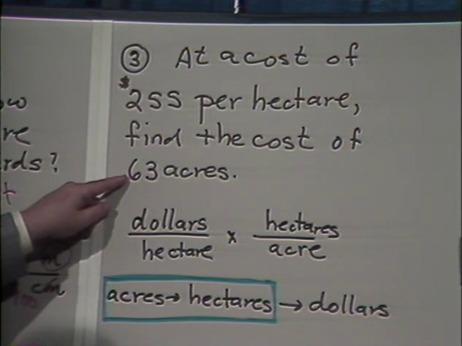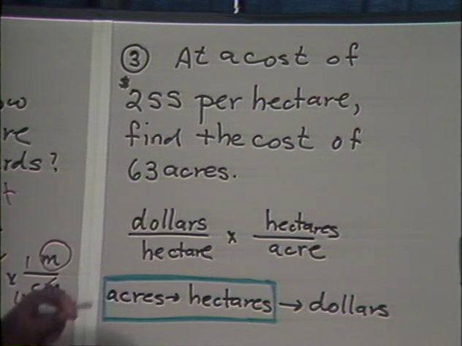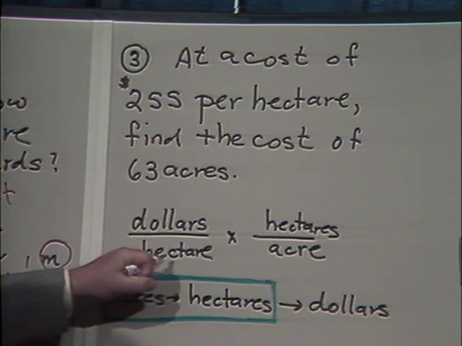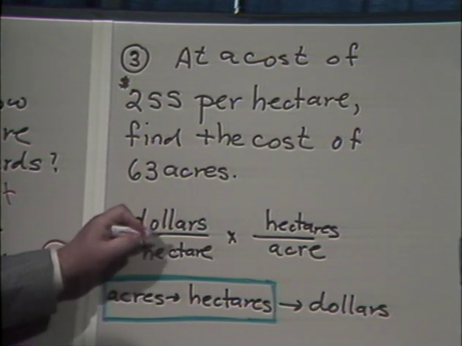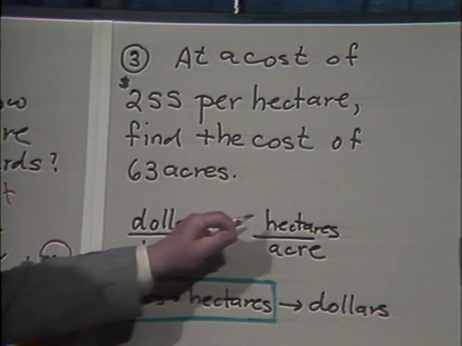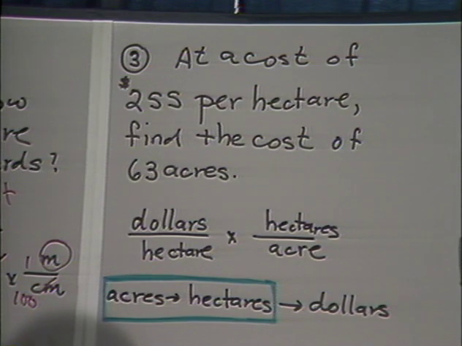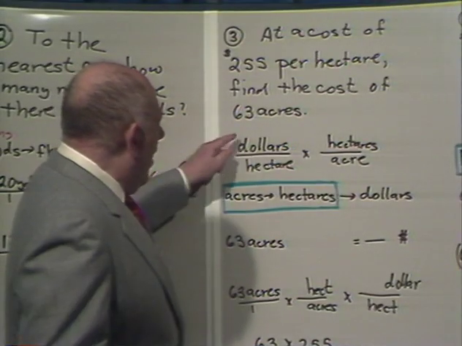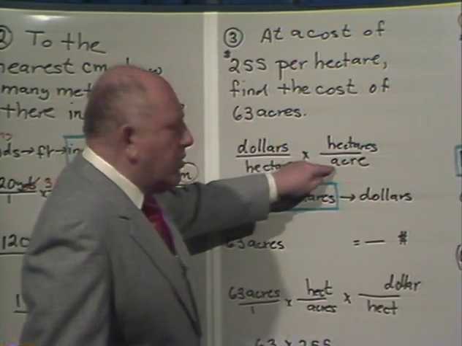You see, you're given dollars per hectare, but you're buying acres. If I take dollars per hectare and multiply that by acres, there's nothing to cancel out here. Somehow I want to get from dollars per hectare to dollars per acre.